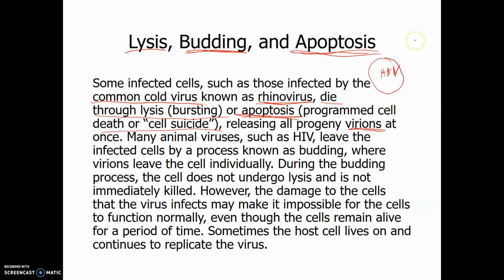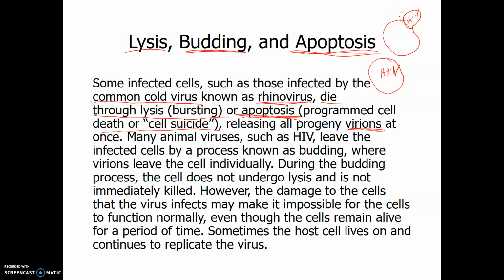Budding in this case is like exocytosis. So basically, here's your HIV virus, and then it goes like this. Then the plasma membrane sort of surrounds the HIV virus, and eventually it pinches off.